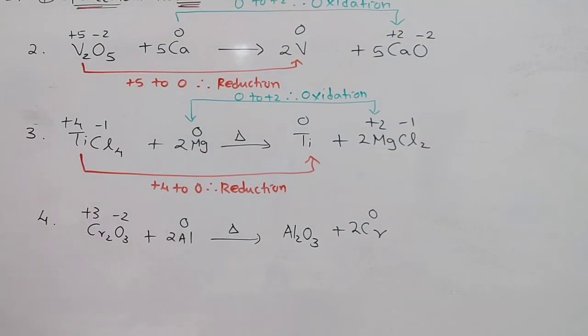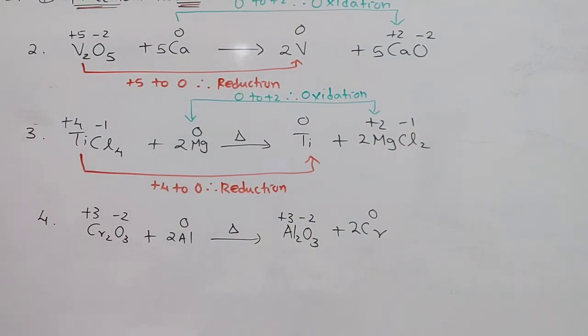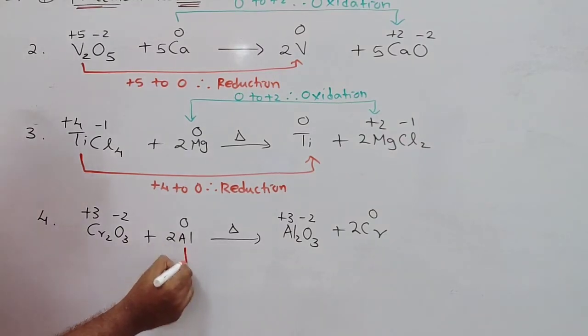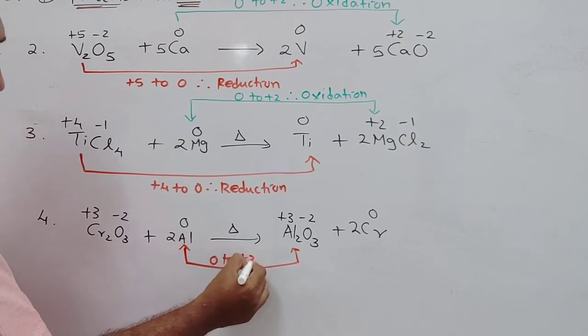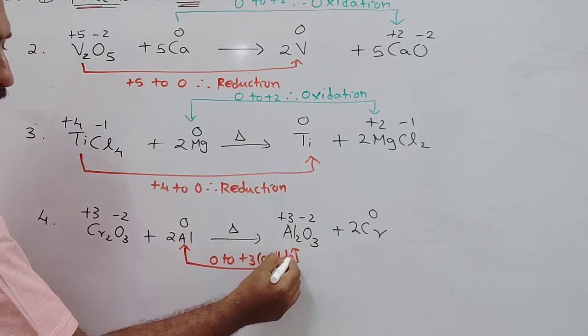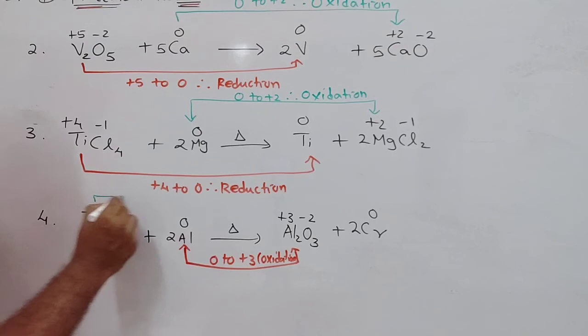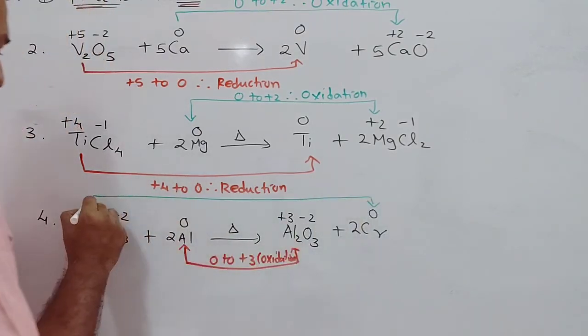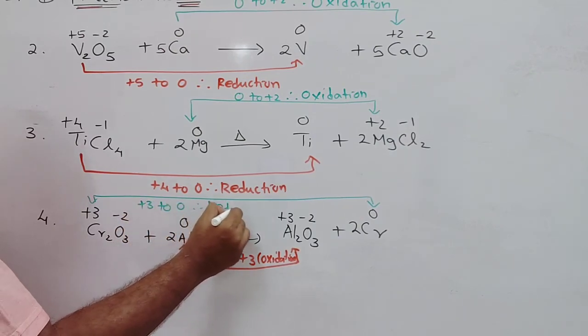Aluminium will be +3 and here -2. For oxidation and reduction, aluminium goes from 0 to +3, an increase, so it is oxidation. Same way, chromium goes from +3 to 0, therefore reduction.